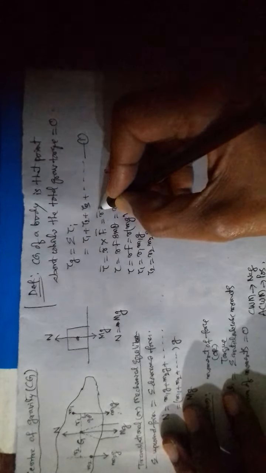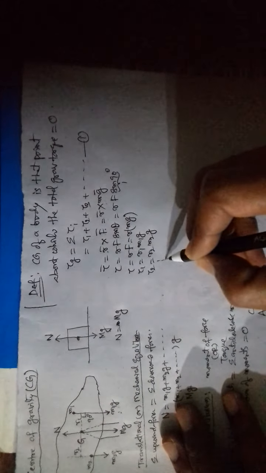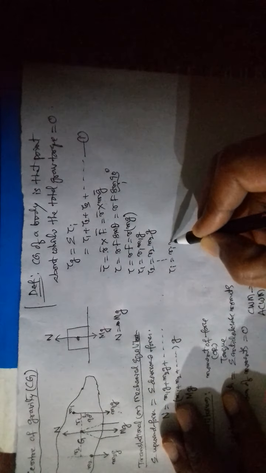If we want to write vectorially, then we write r cross F, where F is mg. So here tau i is equal to ri mi g.